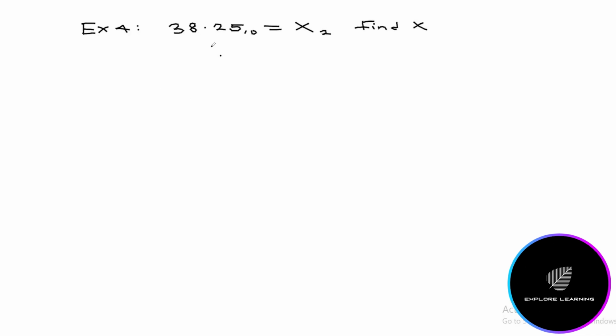The first thing we need to realize is that the decimal value will be split into two parts: the part before the decimal point and the part after the decimal point. The first part before the decimal point is 38, so we consider that as 38 base 10.